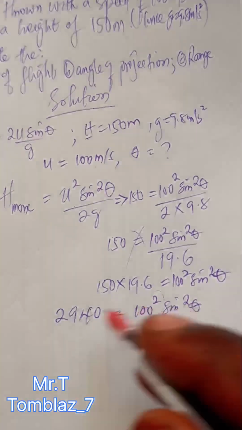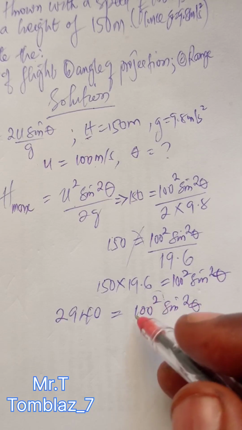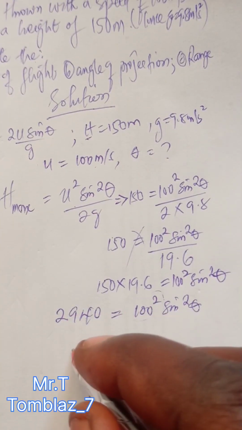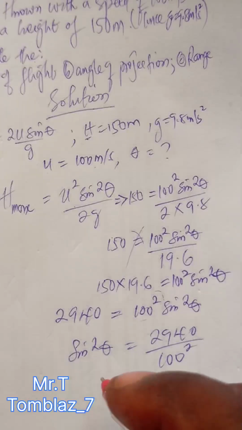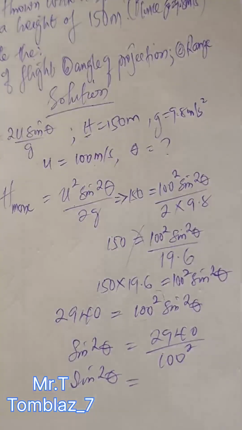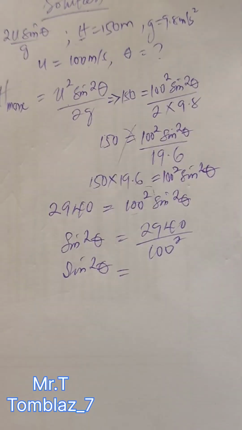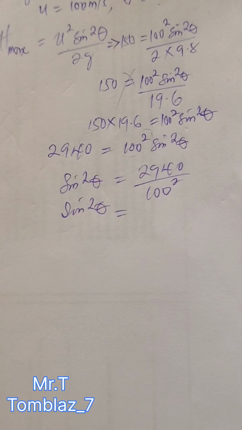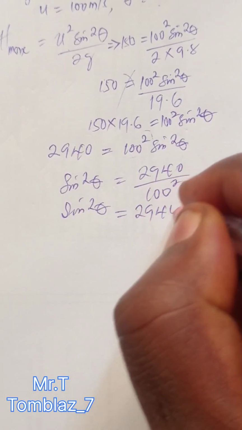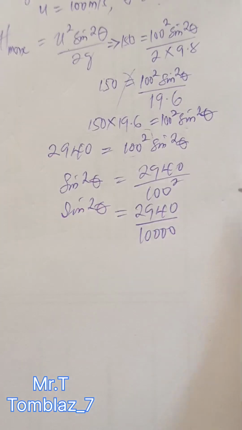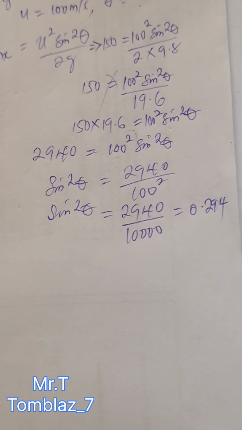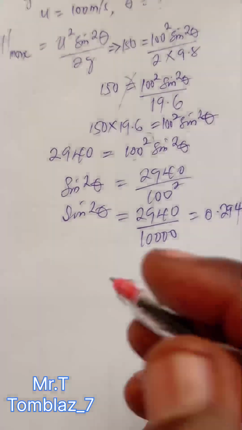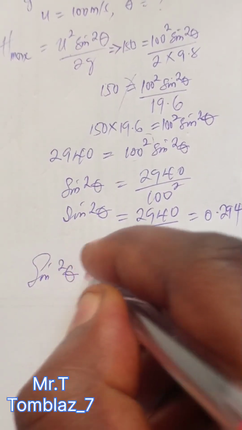To eliminate 100 squared, we divide both sides of the equation by 100 squared. So sine squared theta is equal to 2940 divided by 100 squared, which is 10,000. This gives us 0.294.